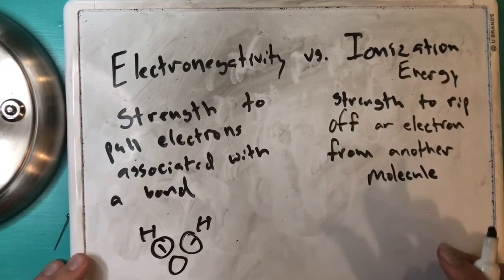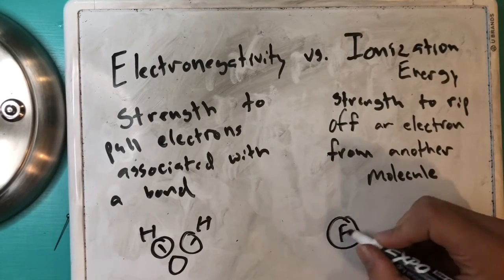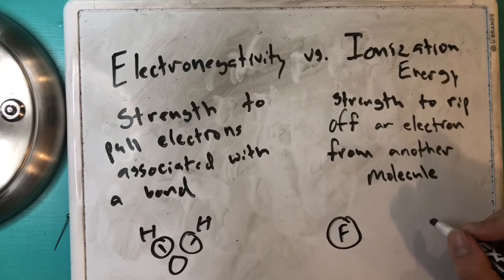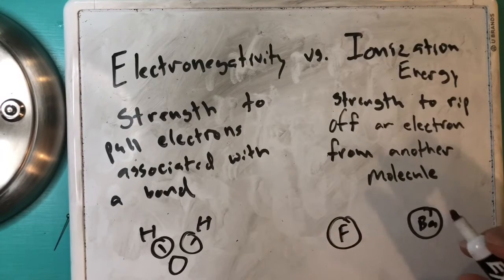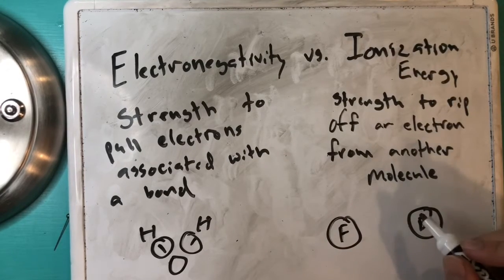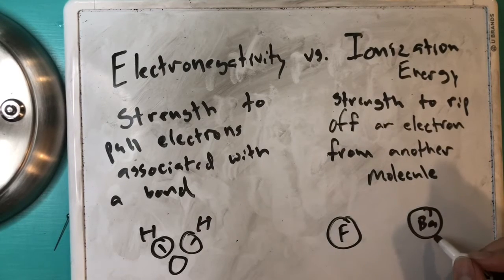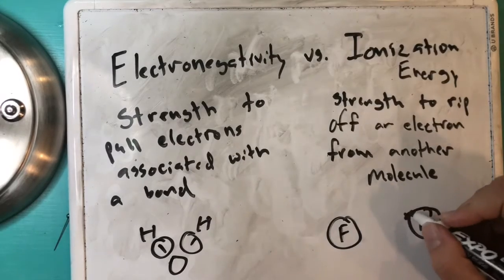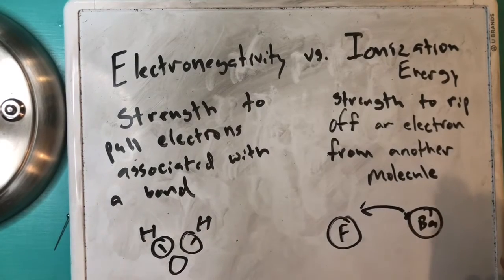But ionization energy is, let's say there's an atom of fluorine right here, and then there's an atom of barium right there. Ionization energy is the energy that the fluorine exerts onto the electrons of the barium to pull away one of its electrons and bring it to the fluorine. So that shows you what electronegativity and ionization energy are.